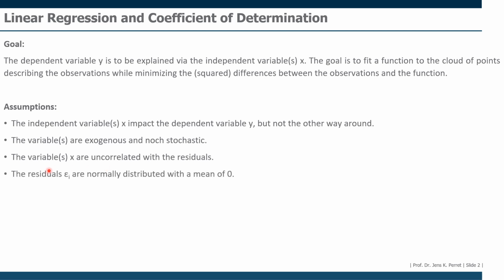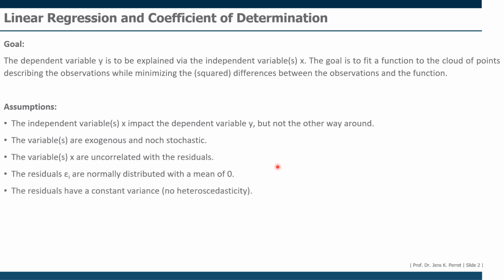Furthermore, we assume for the residuals, which are just the error in our estimation, the part we cannot explain with the line, that's more or less the distance between the line we estimated, we fitted, and our data points, that those residuals are normally distributed with a mean of 0. So on the one hand, if we take the average of the residuals, we get 0. On the other hand, they're also following a normal distribution pattern.